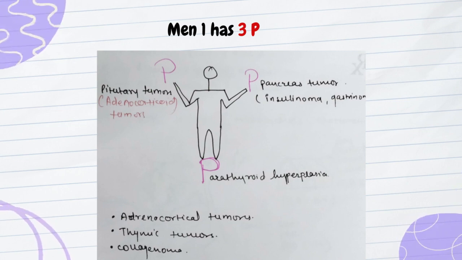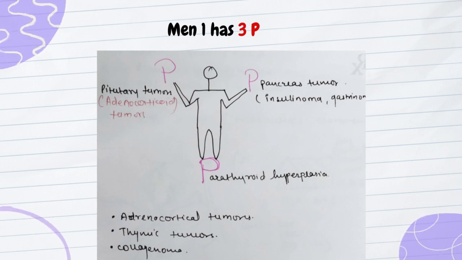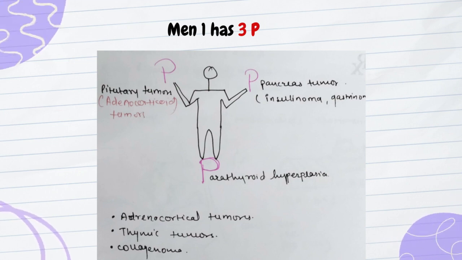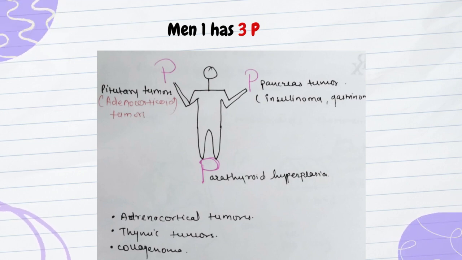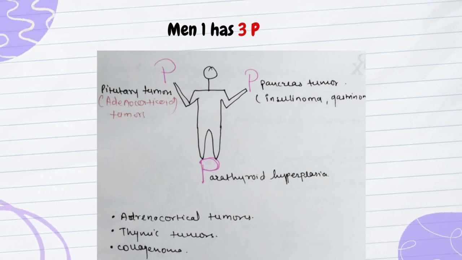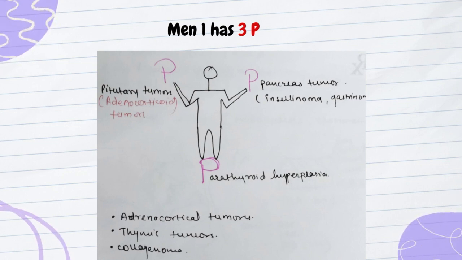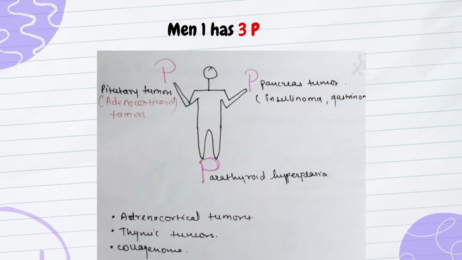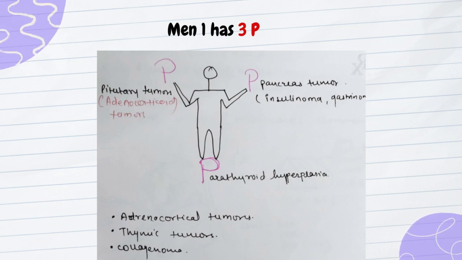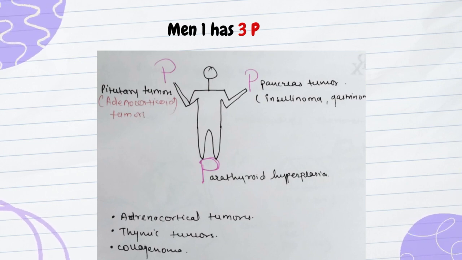Okay, so the first P is for pancreatic tumor, which is also called insulinoma or gastrinoma. Obviously, because of a pancreatic tumor, he can have insulinoma or gastrinoma. And another P is for pituitary tumors. It is adrenocorticoid tumors, also called ACT. And another P is for parathyroid hyperplasia.